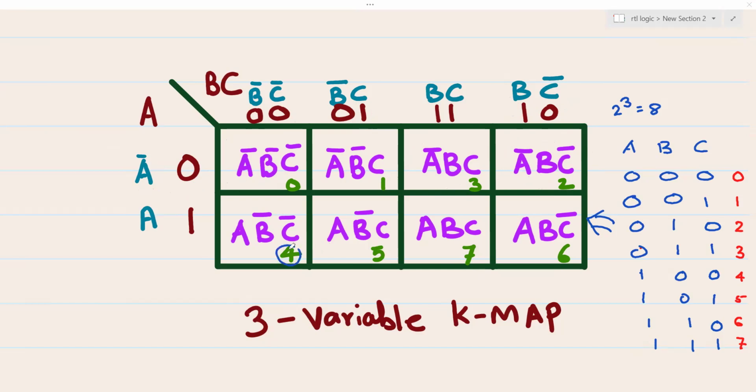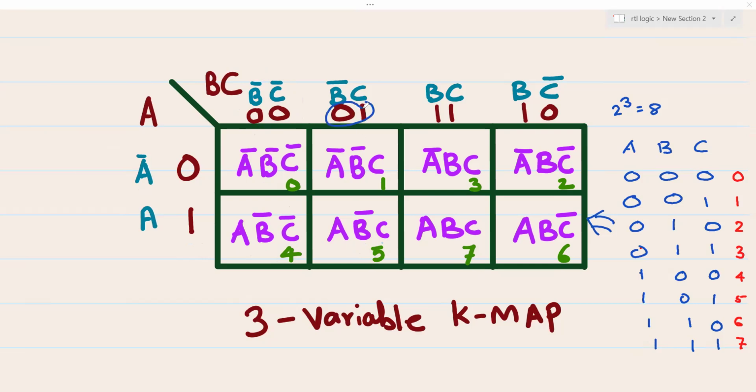Let's have number 4. It would be A, because you see that we are in the second row where A is in normal form. However, for number 4, B and C are basically in its complementary form. So therefore, we'll write A normal, but B bar and C bar. Here similarly for 5, A is 1 and B is 0, C is 1.